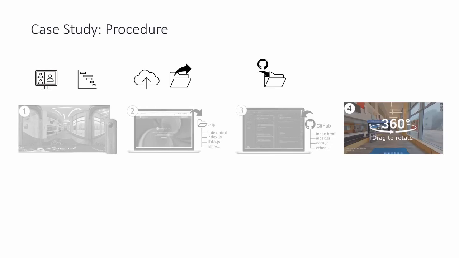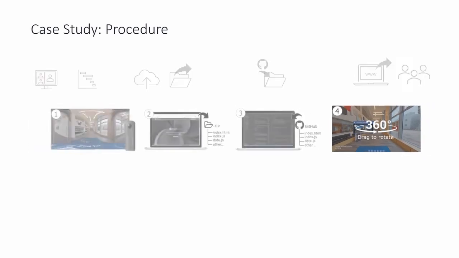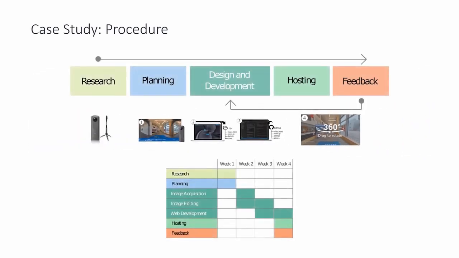And finally, the web-based virtual tour was hosted and shared publicly after having a feedback session with GCU staff members. And after 4 weeks, the virtual tour of GCU was developed, a 360-degree experience that will allow future students navigating and exploring Glasgow campus facilities.